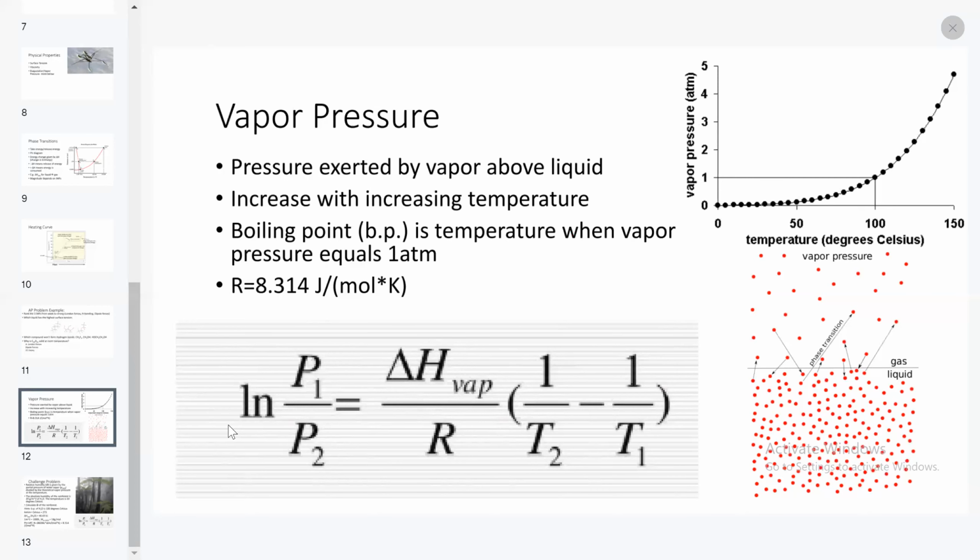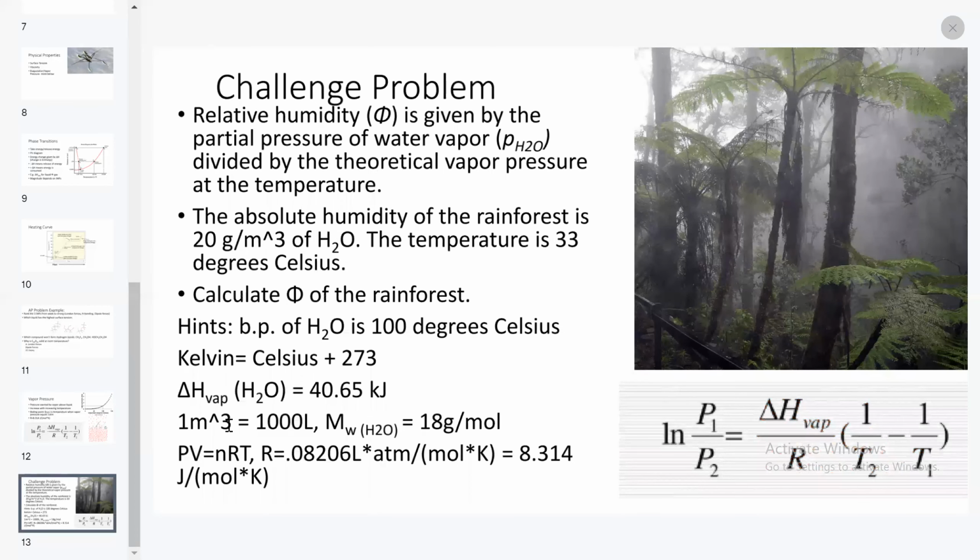Here's one problem that uses this equation. Here we have a fun little challenge problem. The relative humidity, the Greek letter phi, is given by the partial pressure of water vapor divided by the theoretical vapor pressure at that temperature. The vapor pressure we can calculate using the Clausius-Clapeyron equation.